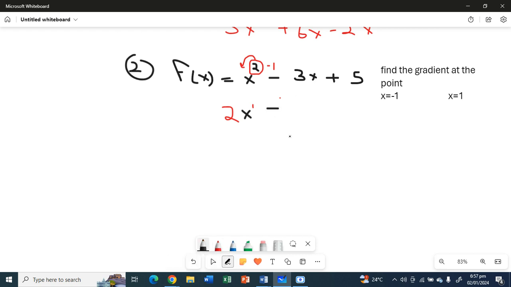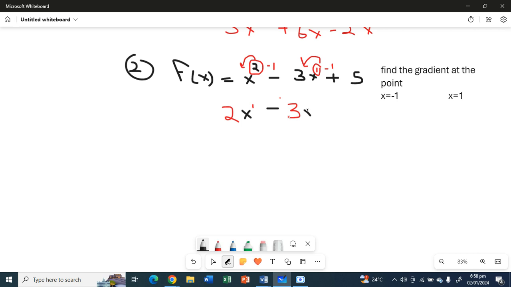Minus, we have 3x here, 3x to the power 1. So we get the exponent multiplied by the coefficient: 1 times 3, that is 3. Subtract 1 from the exponent: 1 minus 1 is 0. So we have 3x to the power 0.